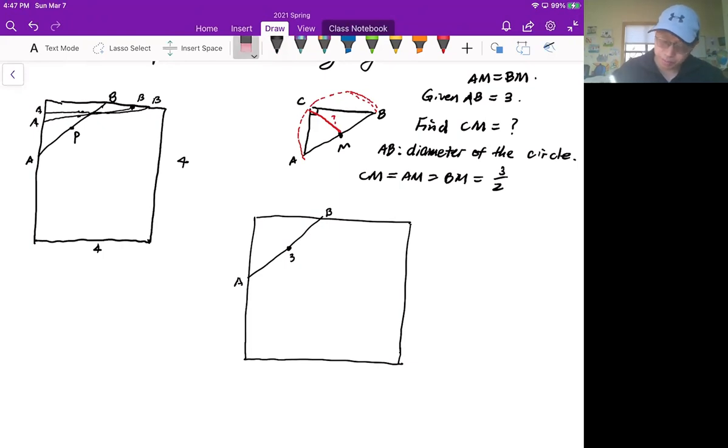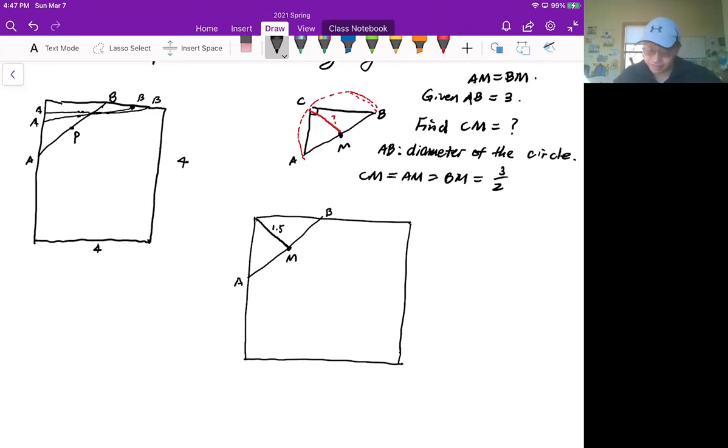So this is the midpoint M. And I know that this distance is always 1.5. As long as AB are the two points on two adjacent sides of the square, then M must be a distance of 1.5 from that corner.